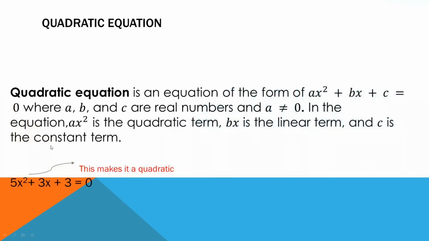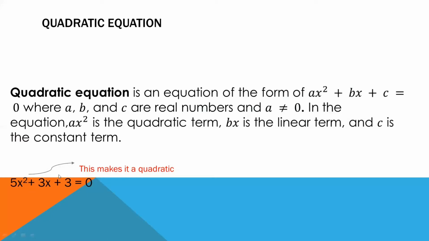So a quadratic equation is an equation of the form ax squared plus bx plus c is equal to 0, where a, b, and c are the real numbers. And a must not equal, so dapat hindi siya equal to 0. Then, in equation, yung ax squared natin is the quadratic term, and the bx is the linear term, and c is the constant.